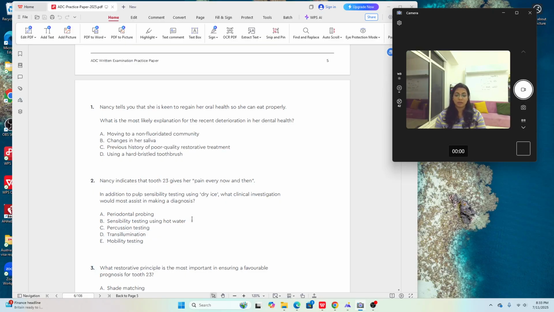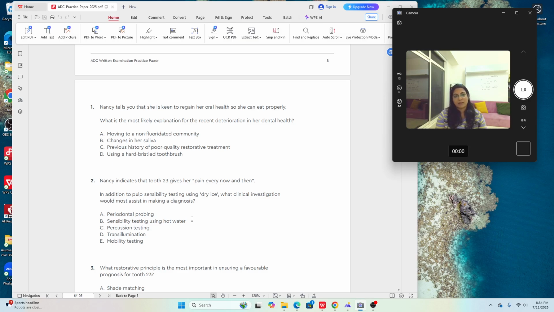Why am I forcing you to understand the periapical status? Because any diagnosis of a tooth is a full pulpal and periapical diagnosis. Even if a tooth is good, you will say this is a healthy vital pulp with a healthy periapical status. Or if the tooth has irreversible pulpitis with a normal periapical status, your full diagnosis is irreversible pulpitis with normal periapical structures.